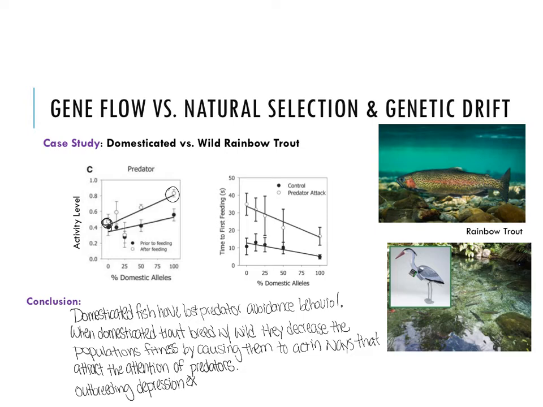And that's why they did those 2 separate experiments. All of this is exacerbated when they're hungry. If you have all the domestic alleles, you don't take very long to come back out after you've seen a predator, which means the predator's probably still in the area, whereas the wild trout are much more cautious. That's outbreeding depression.